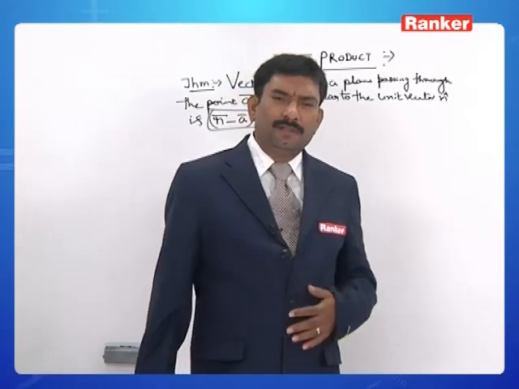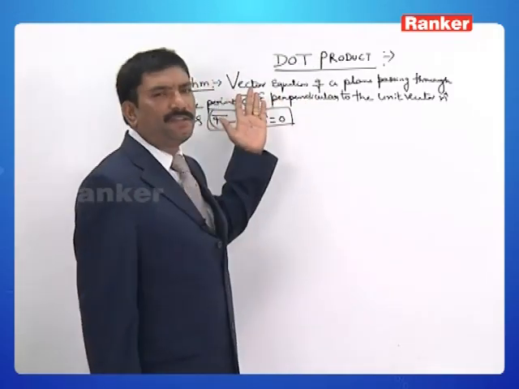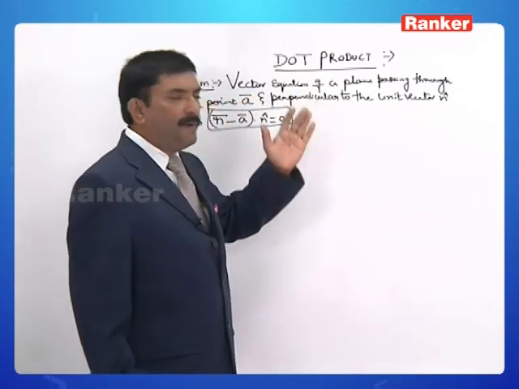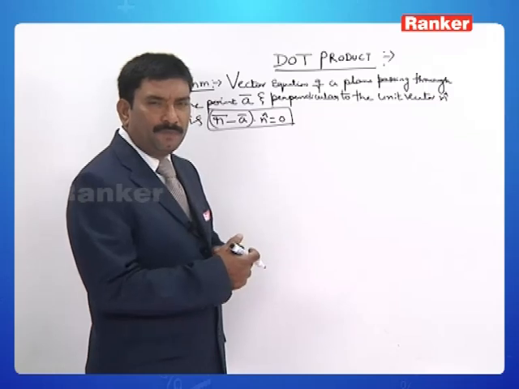Look here. So this is the vector equation of a plane passing through the point a bar and perpendicular to the unit vector n cap.